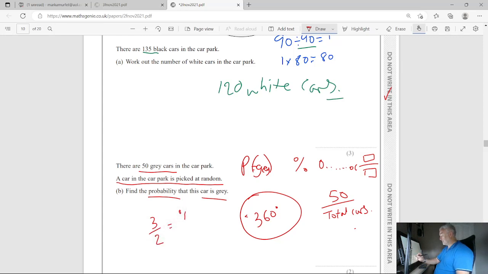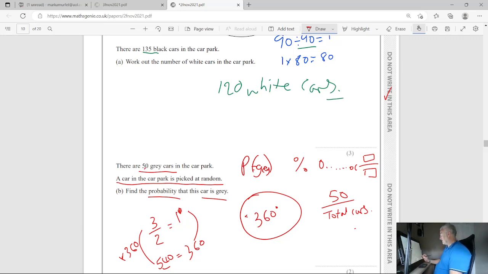Remember that equals 1 degree. I need to get to 360, so I need to times 3/2, 3 divided by 2, times 360, which gives me 540 cars. Okay, we know there's 540 cars.